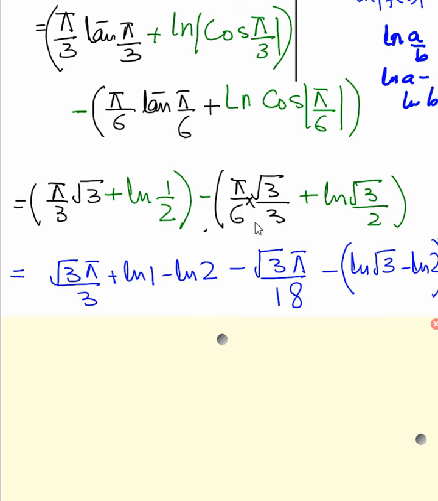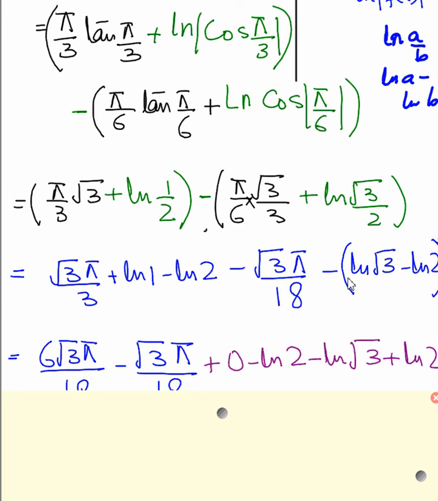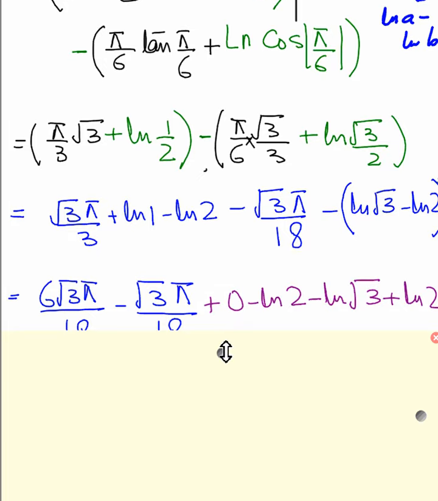Now if you notice here, minus multiplied by plus is minus. And because of this quotient rule of ln, I'm writing ln root 3 minus ln 2, right? So after that, very carefully, I am opening this bracket, expanding it, and this ln 1 is 0, which I have written here, right? After that, it is simple calculation, nothing else.